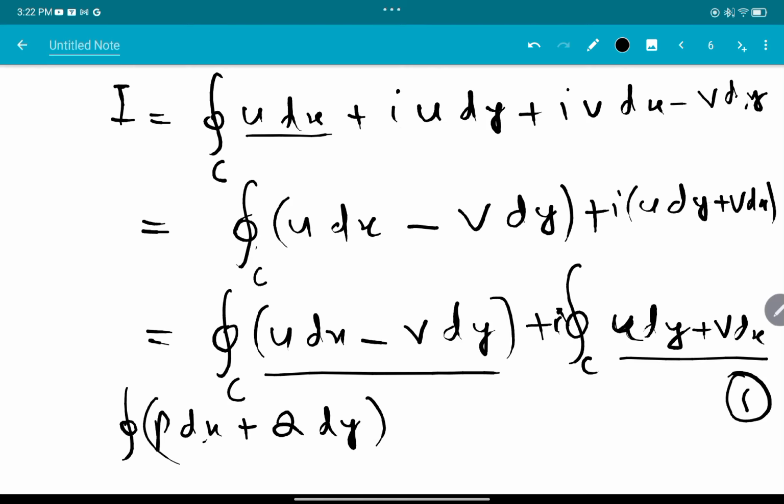I will not go back to that. I assume that you know that, and it will be better if you first review it and then come to this topic. Green's theorem converts this line integral into a surface integral.